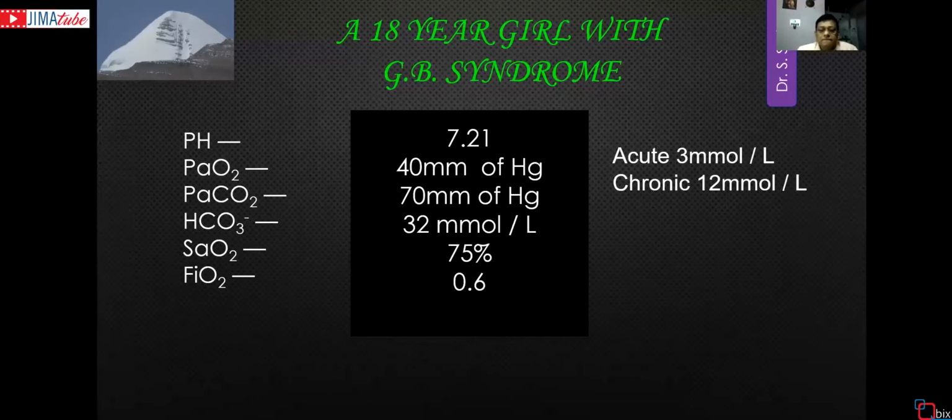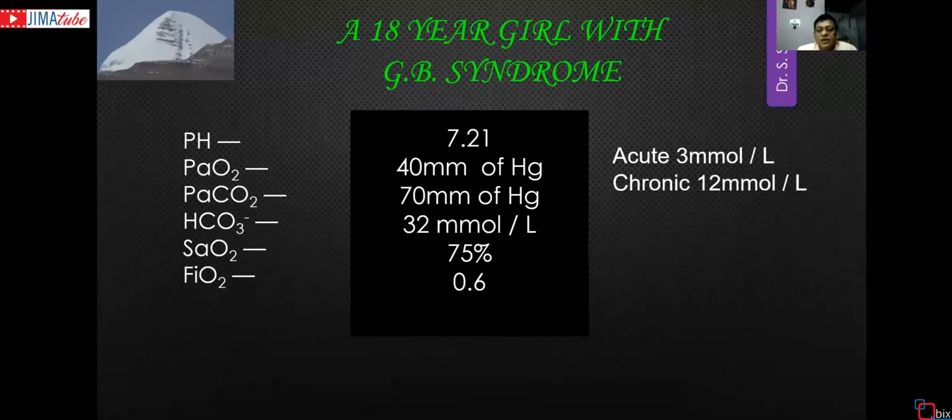But if the condition is chronic, we do not know the history, then we expect a 12 millimole per liter increase, the 4 in the 1, 2, 3, 4 formula. So we expect a 12 millimole per liter increase in the bicarbonate level. It is less than that.